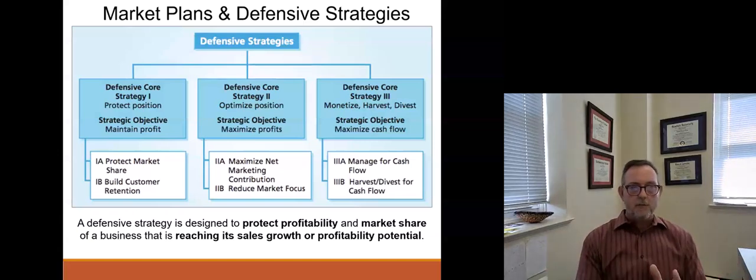And this isn't just it. We want to protect our position. We want to defend from substitutes the best we can, in terms of maybe modifying our products a little bit, but rely heavily on your CRM programming. That's what we want to do. And then eventually what we will do is monetize or harvest or divest.